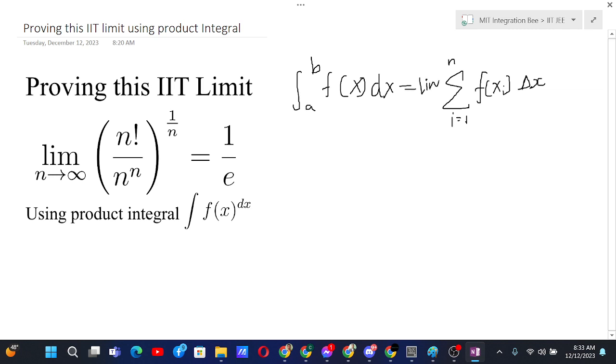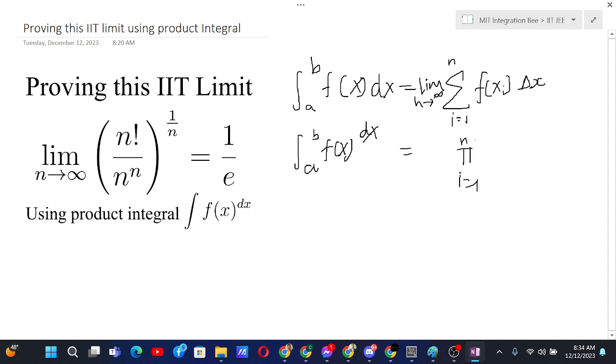This is the Riemann integral when n tends to infinity. Now our product integral will be something like this. We have dx in the power, and the sum goes to product. We will have the product from i equals 1 to n.